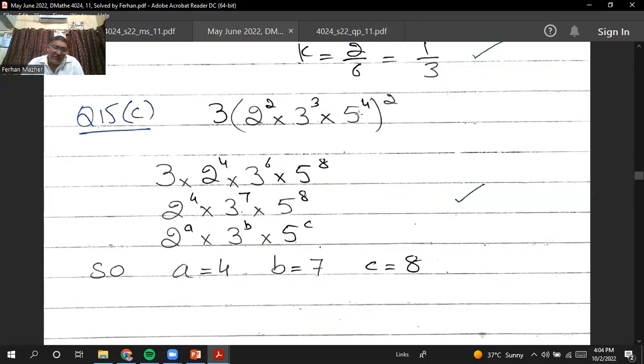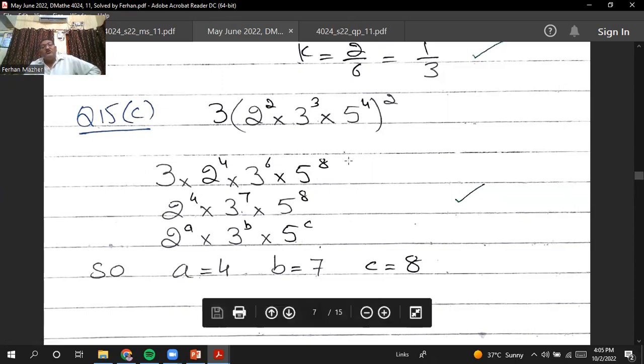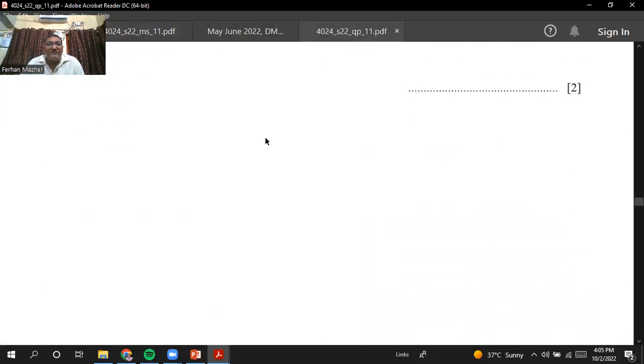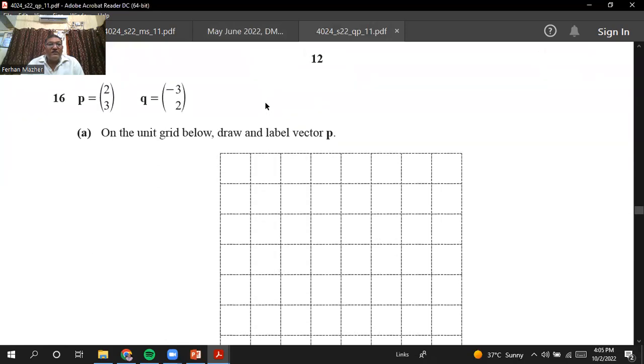When you give this power to this, you will have 5 raised to power 8. So this 3 and 3 raised to power 6 will become 3 raised to power 7. So you will have 2^4 × 3^7 × 5^8. So now you can see this is that standard form. So that's the question which they have asked us. And let me show you, 2^4 × 3^7 × 5^8. So that's the answer. So that was question number 15.